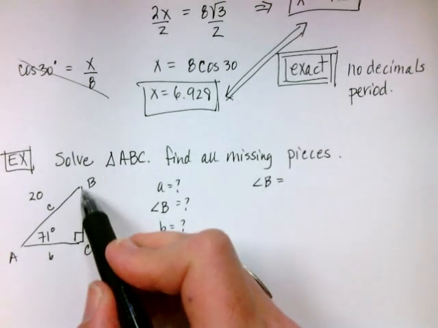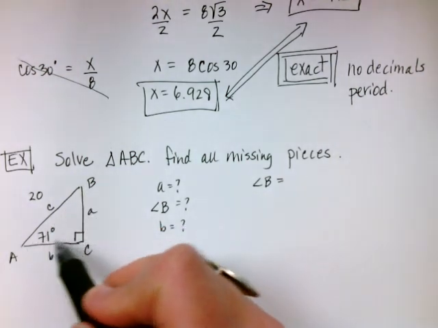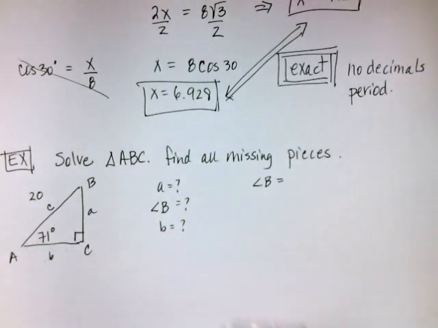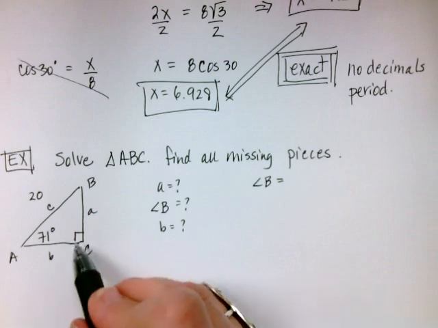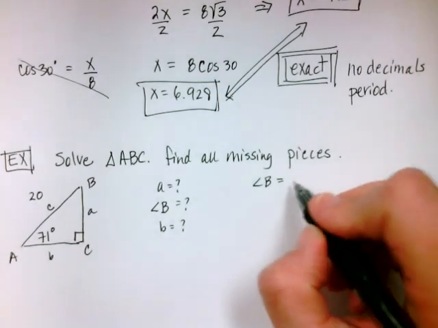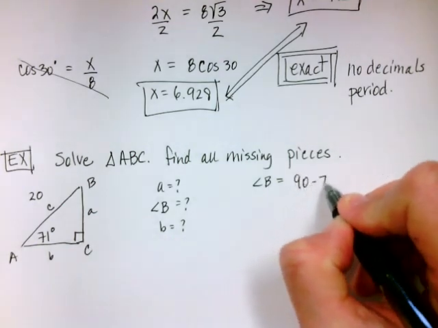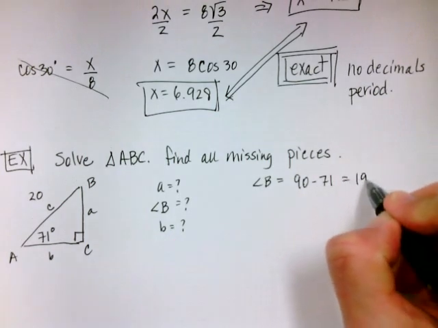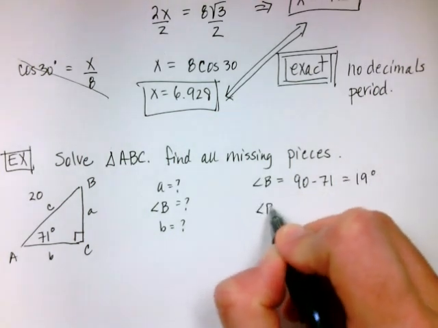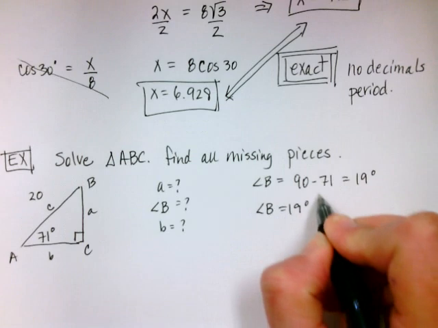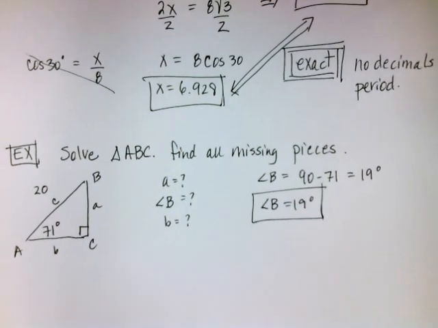I know that the sum of the angles in a right triangle, these two are complementary. They have to add up to 90 because 90 plus 90 is 180. So if I subtract the 71 from 90 and get 19, now I know that angle B is 19 degrees. Okay, that was easy.